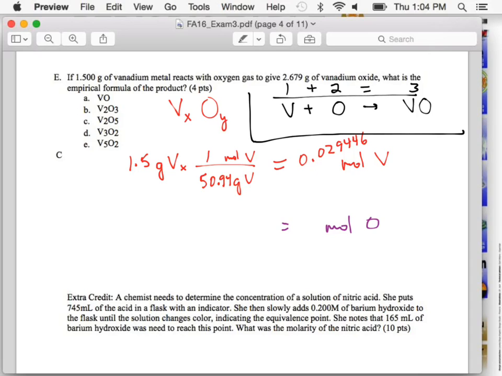Okay. Was the mass of vanadium actually 1? No. What was it? 1.5. What was the mass of the vanadium oxide?